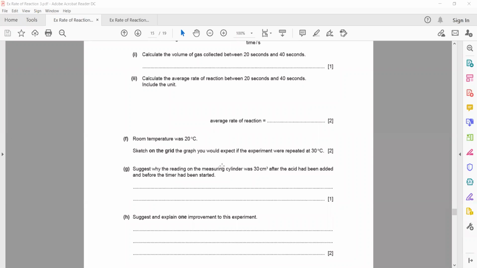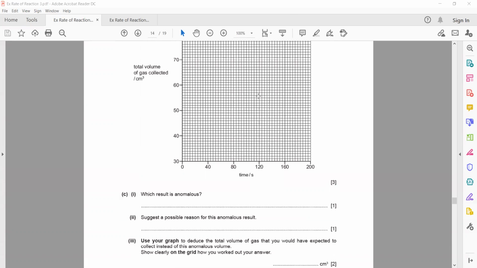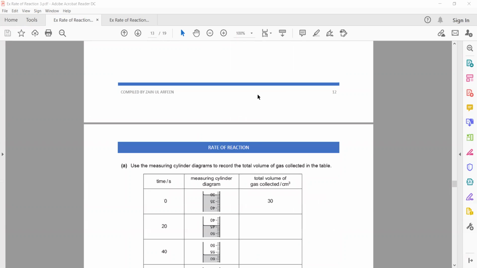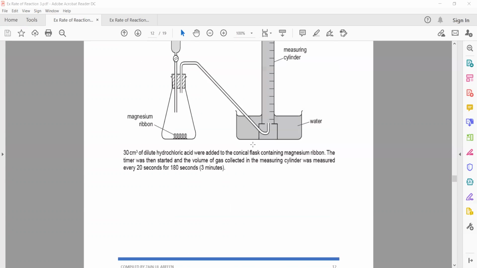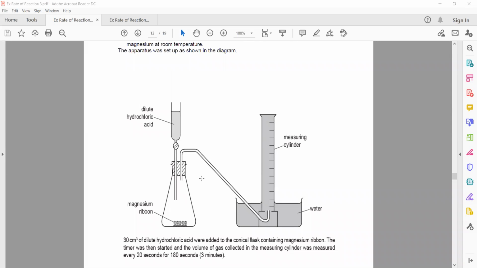Suggest why the reading on the measuring cylinder was 30 cm cube after the acid has been added and before the timer had been started. So what is the reason? In the beginning, when we did not start the timer, this is how it originally is.